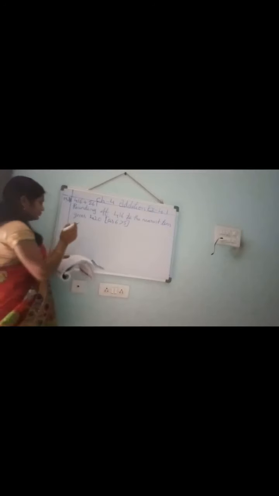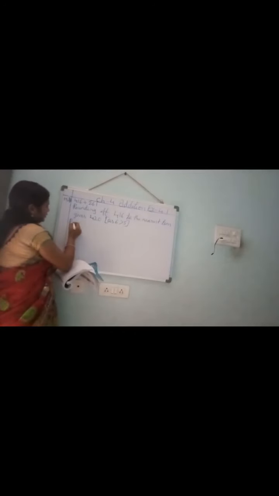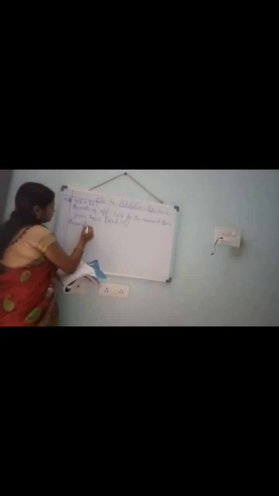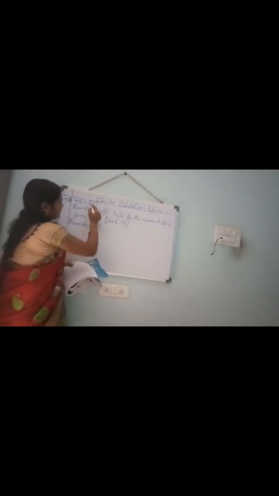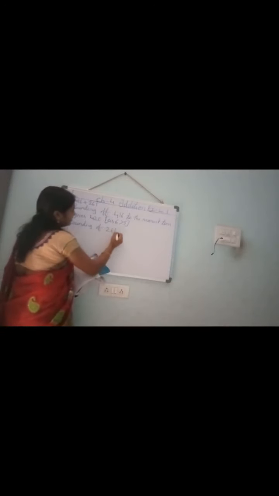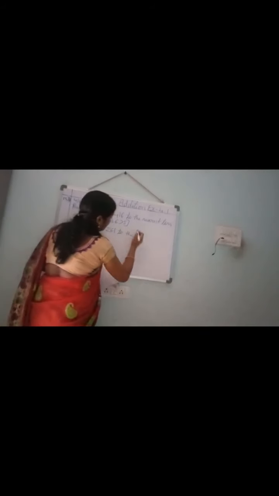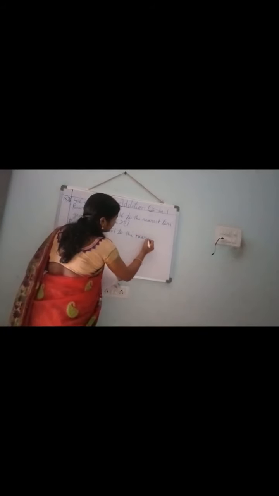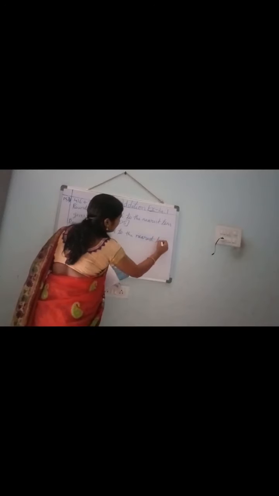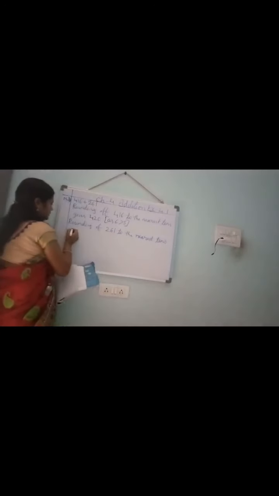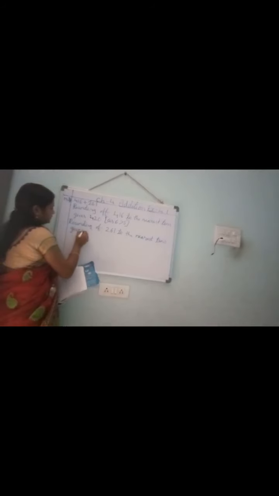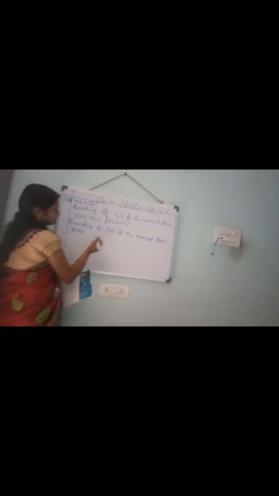Understood, children? Next, rounding off. What is that? 261 to the nearest tens gives, see, 261.